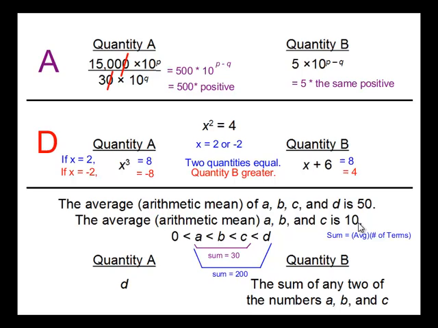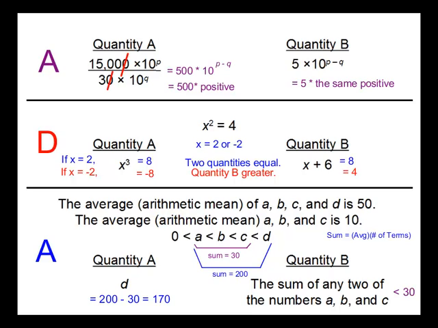If 3 numbers average to 10, they sum to 30. 3 times 10. And from that you can back out. If the sum of A plus B plus C is 30, D, the remaining number, must be the remainder. 200 minus 30, D is 170.